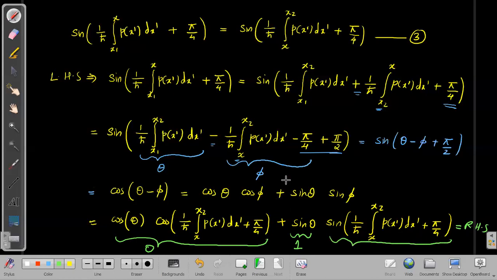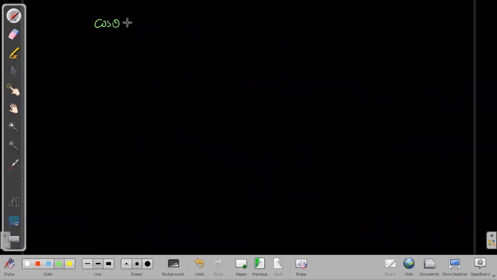So this is valid when cos theta is 0 and sine theta is 1, a simple condition, and that is possible when theta is an odd multiple of pi by 2.